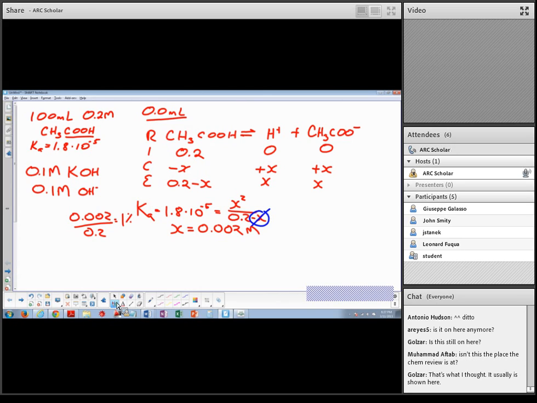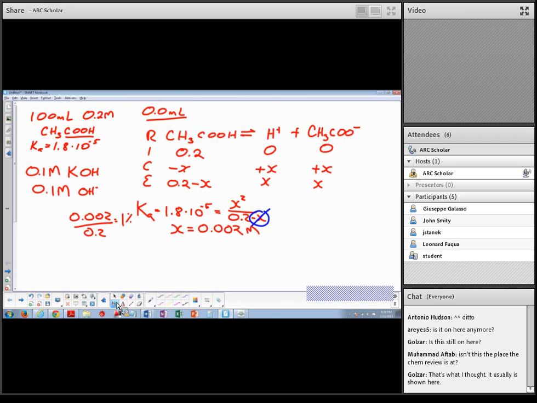Is our assumption valid here? Yes, because this Ka value is very small, so equilibrium is lying more on this side. Only 1% of that acetic acid is dissociating, so the concentration doesn't really change that much. 0.002 is not going to take away very much from 0.2. It'll be basically the same number.